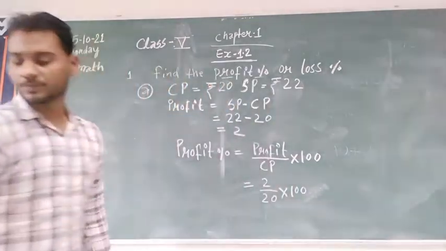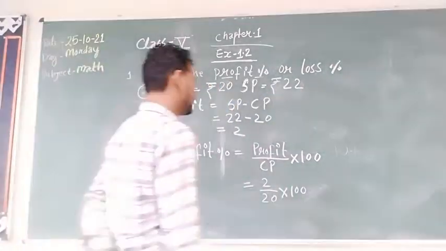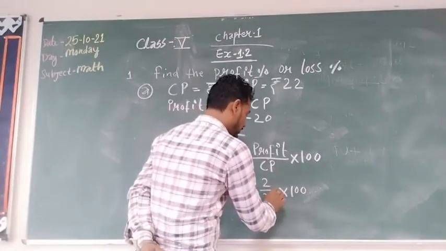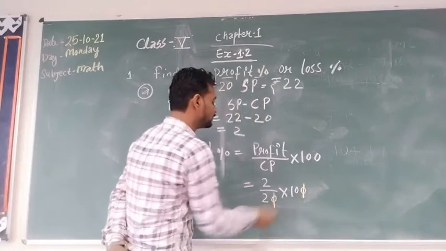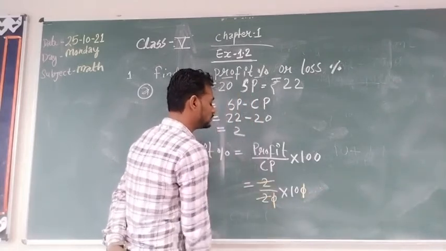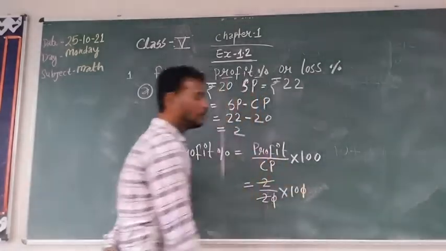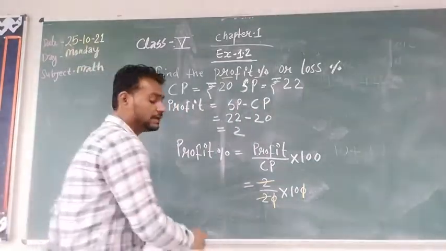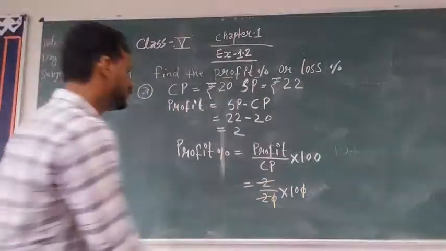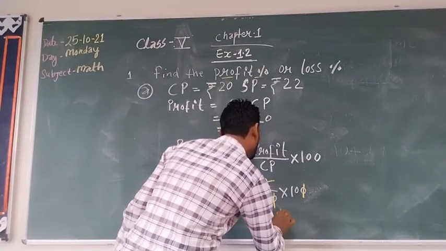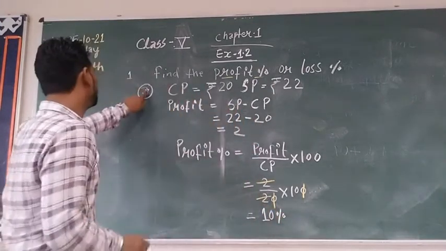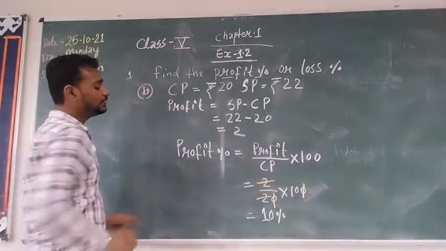Cancelling the zeros and 2 under 2, we are left with 10. It means that the profit is 10%. So in part B, the profit will be 10%.